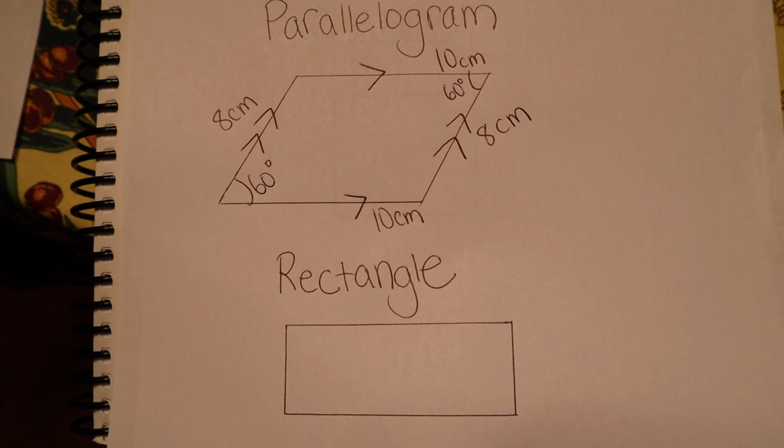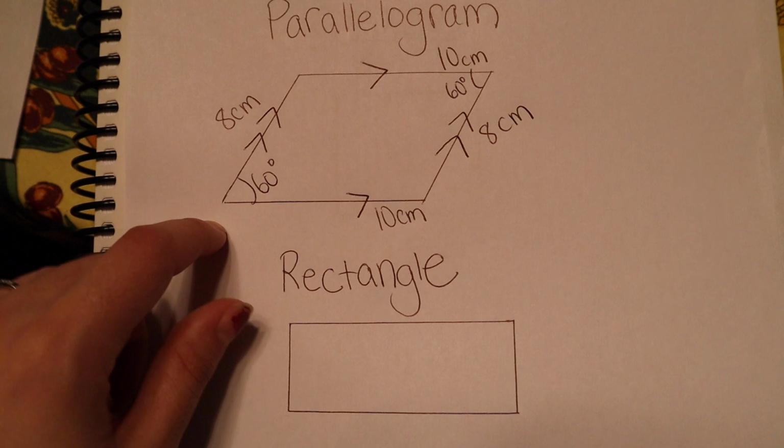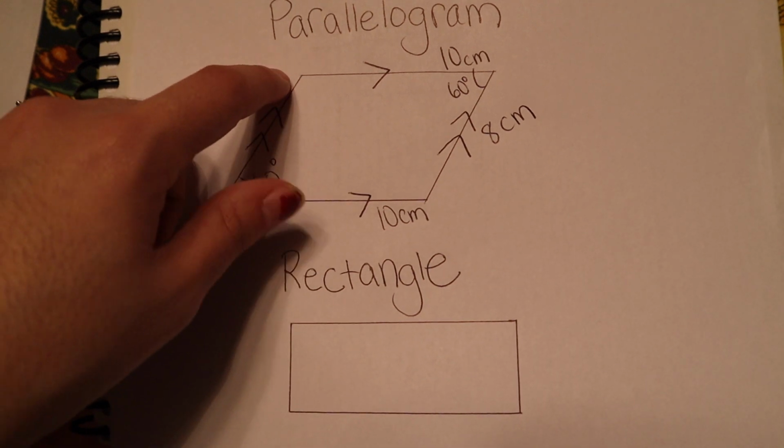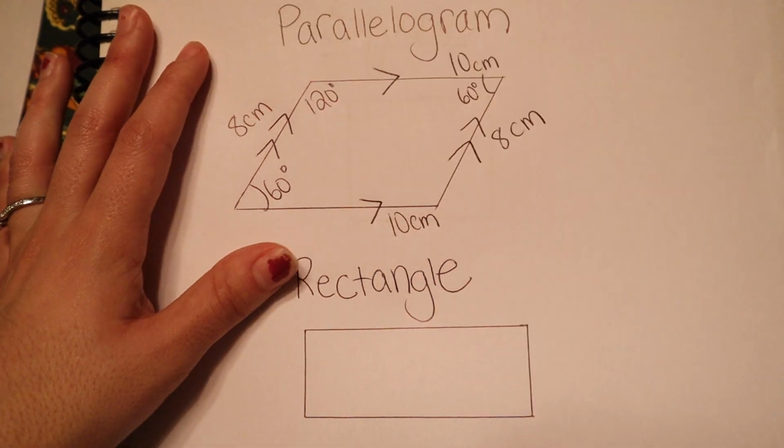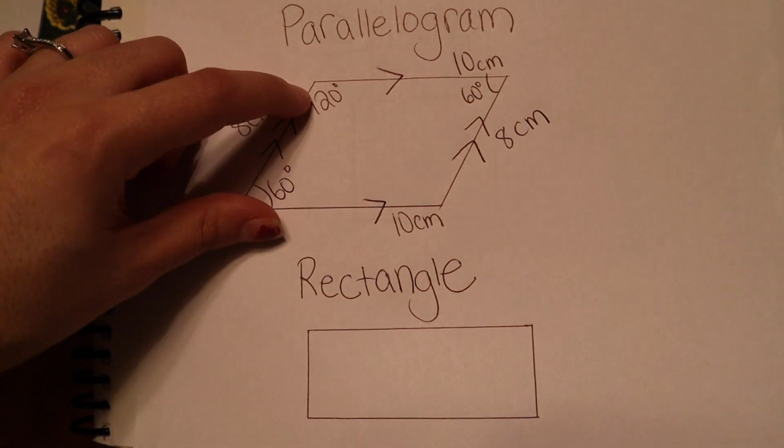Now an important property is that consecutive angles sum to 180 degrees. Consecutive means one after the other. So angles one after another have to give you 180. So if this is 60, I can do 180 minus 60 to get this angle, which would be 120. 60, 120, 180.